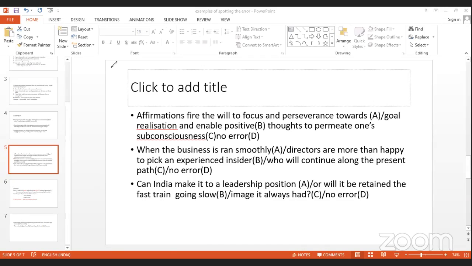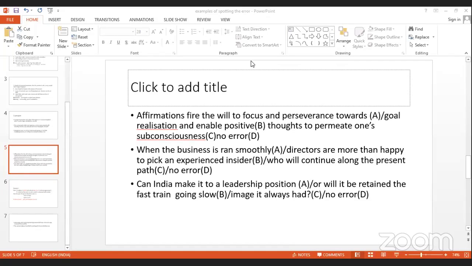Do you remember what we did yesterday in last class? What were we doing? Errors, very good. Yes, Ansh. We were doing spotting the errors.